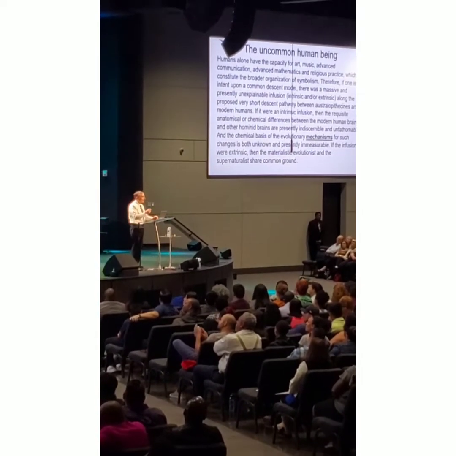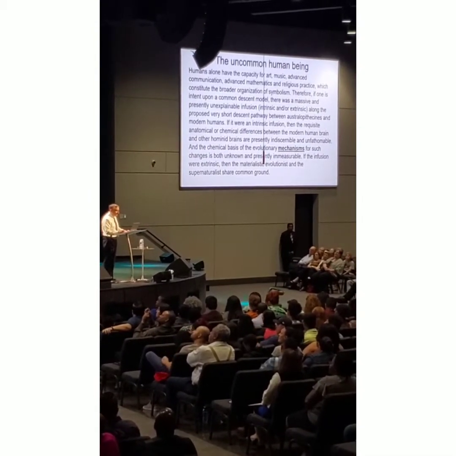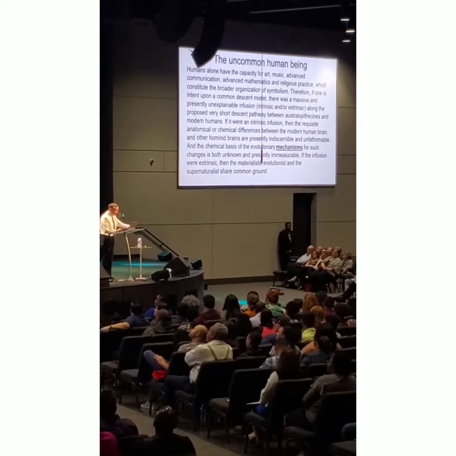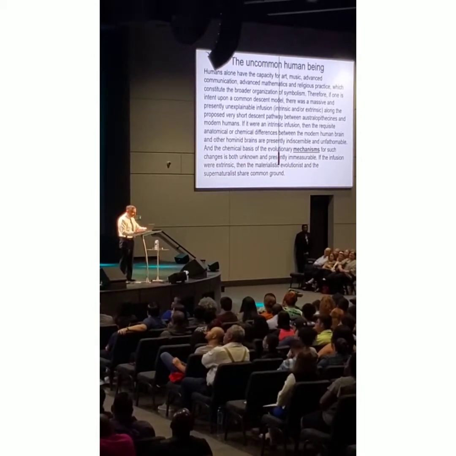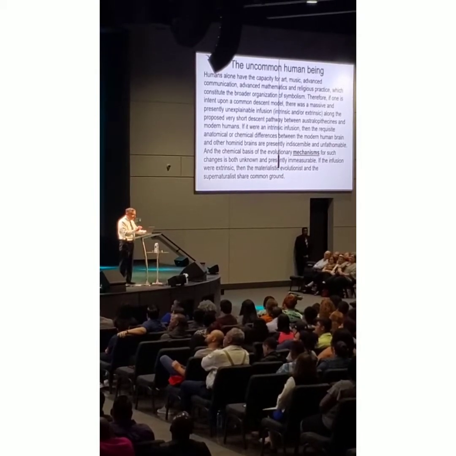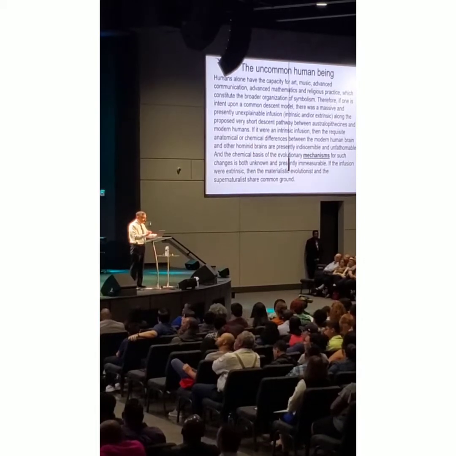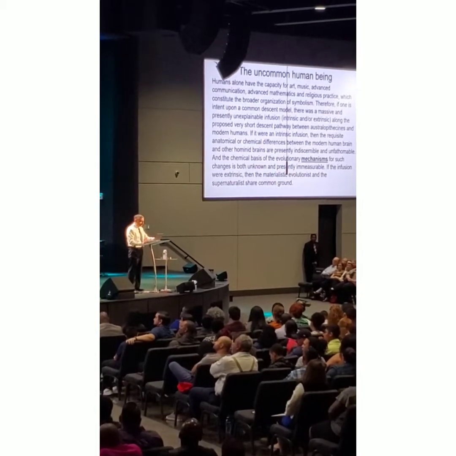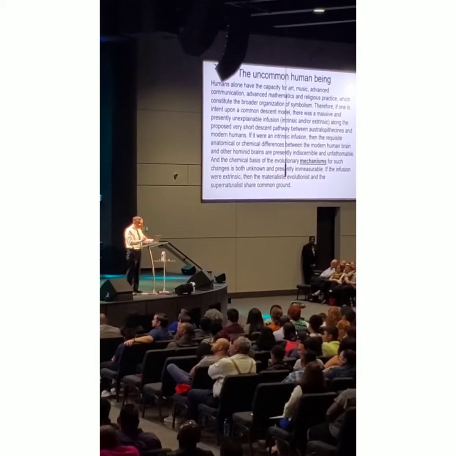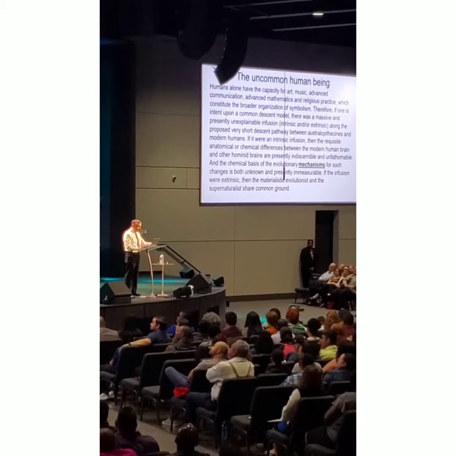Human beings alone have the capacity for art, music, advanced communication, advanced mathematics, and religious practice, which constitute the broader organization of symbolism. Therefore, if one is intent upon a common descent model, there was a massive and presently unexplainable infusion, intrinsic or extrinsic, along the proposed very short descent pathway between Australopithecines and modern humans.